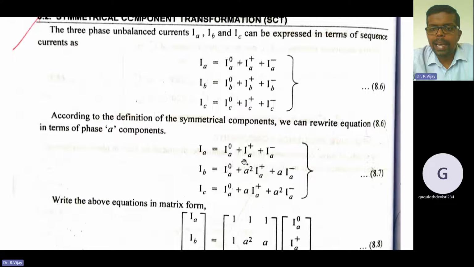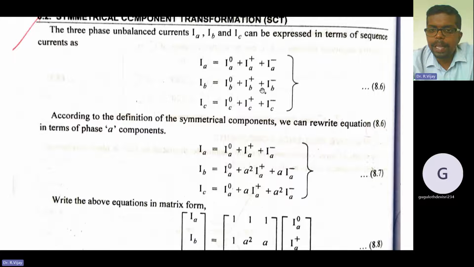How is A squared IA plus obtained? In the phasor diagram, IB plus is 240 degrees times IA plus. Next, plus A into IA negative.